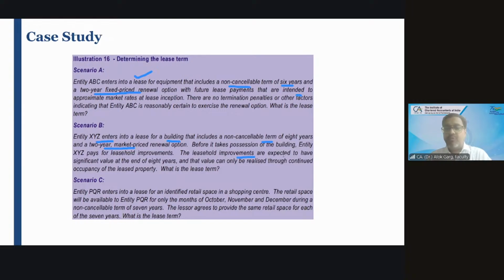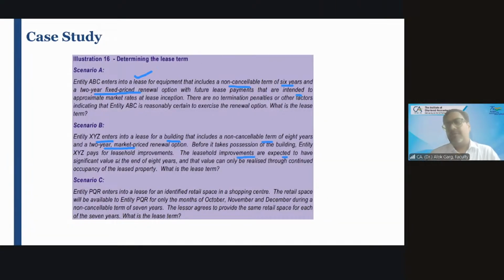The leasehold improvements are expected to have significant value at the end of 8 years. When this 8-year period is over, the leasehold improvement will still have significant value, meaning the life of the leasehold improvement must be beyond 8 years.